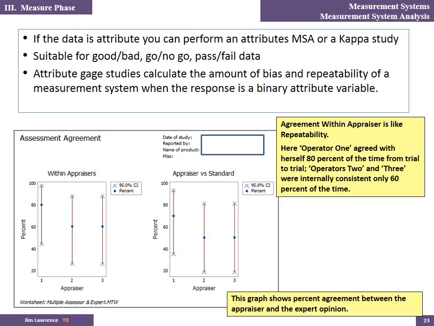The graph also shows agreement between the appraiser and the expert opinion, or the base standard reference value. And we see the percent of agreement was about 70% with one and about 50% with the other two. So those would probably be considered pretty low values. Probably some training would be in order to see why the appraiser isn't matching the standard better.